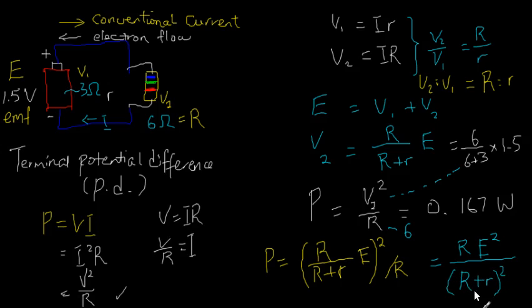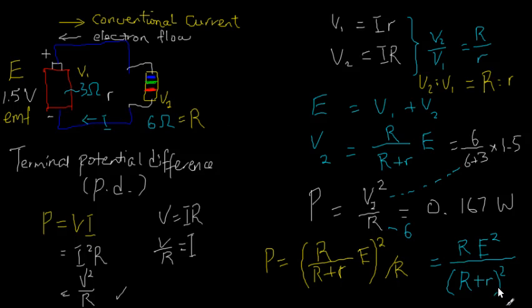So now I have a formula that allows me to calculate the power for any value of big R. We know that E is 1.5, that's fixed for the same battery. Little r, the internal resistance, is 3 ohms. That's roughly fixed.